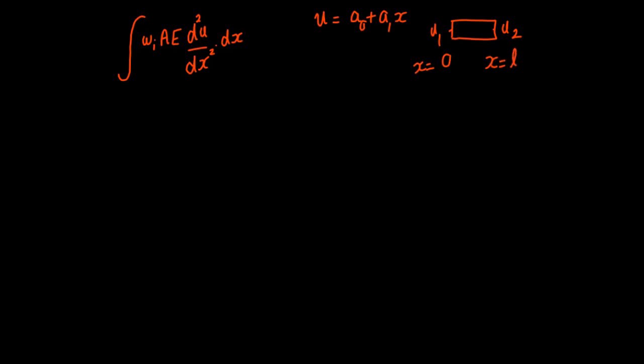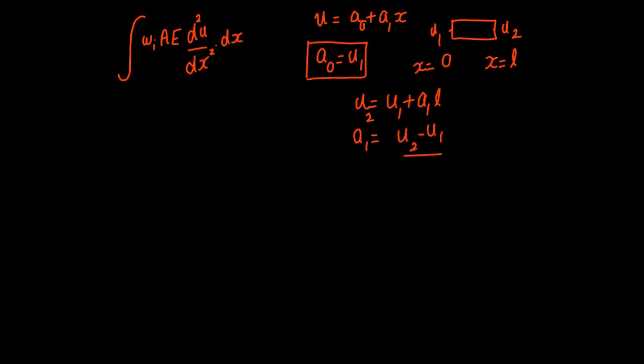Now, if I apply the boundary condition at x is equal to 0, then a naught becomes u1. And if I substitute at x is equal to L, the value is u2, then u2 becomes a naught, which is already u1, plus a1 into L. So that gives me the value of a1 as u2 minus u1 over L. I have got the values of a0 and a1.